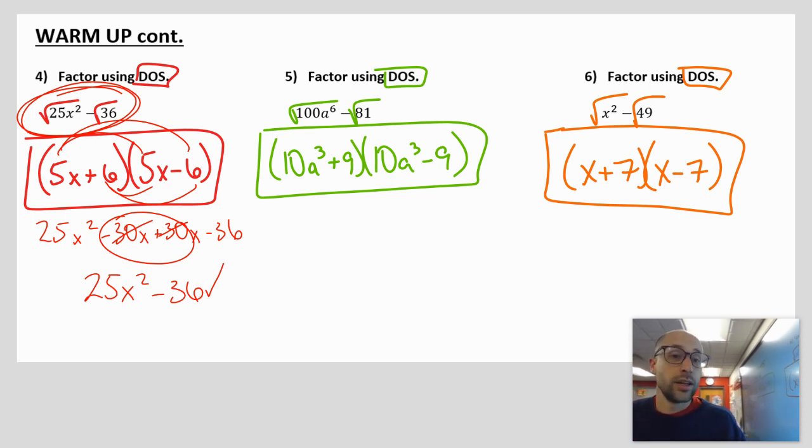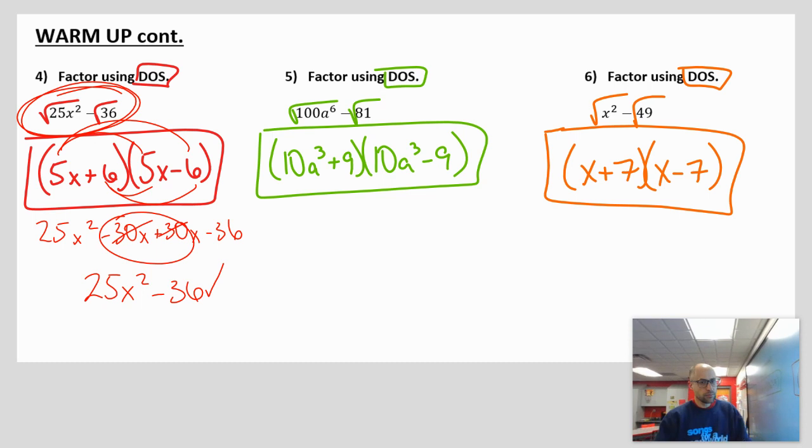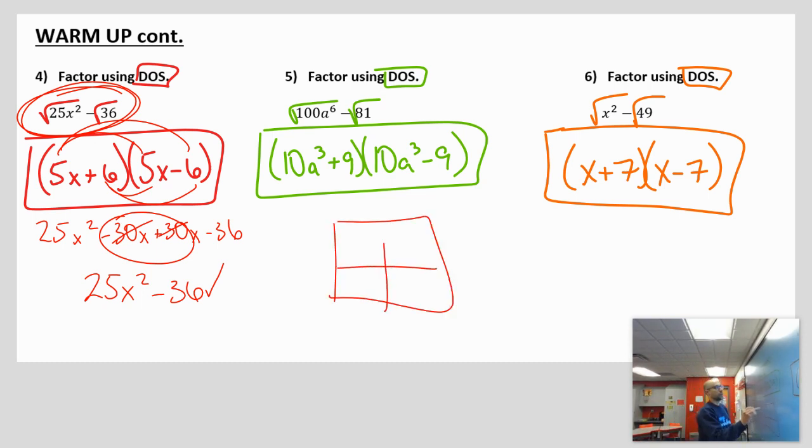So again, you can check your work, or remember, you can use the area model for these as well, if that helps. For number 5, I would have had 100a to the 6th and negative 81 here. The 2 factors match. The only thing that is different is the sign.